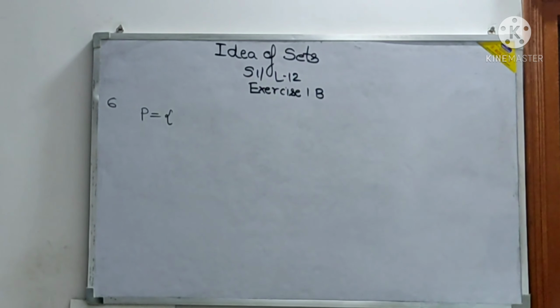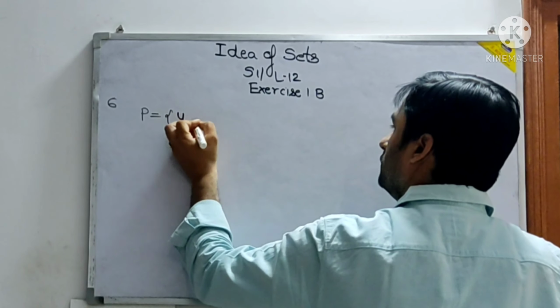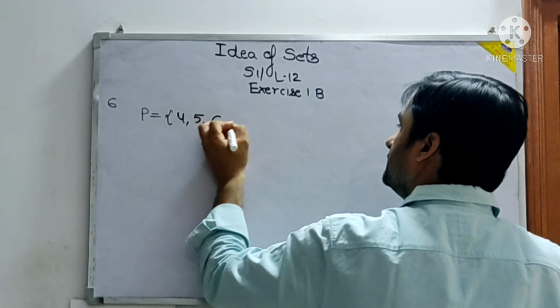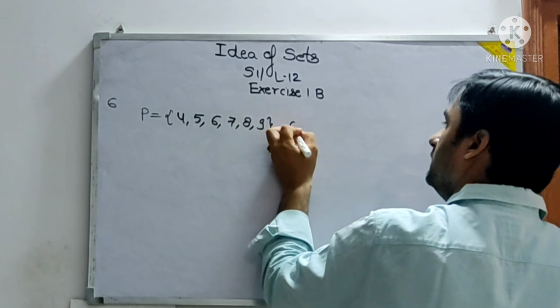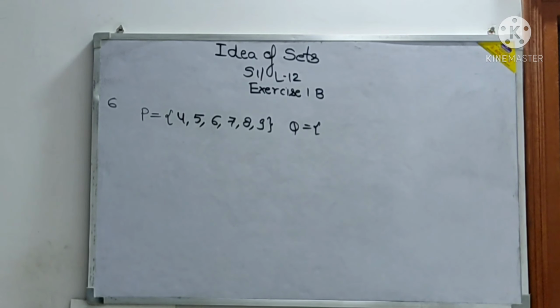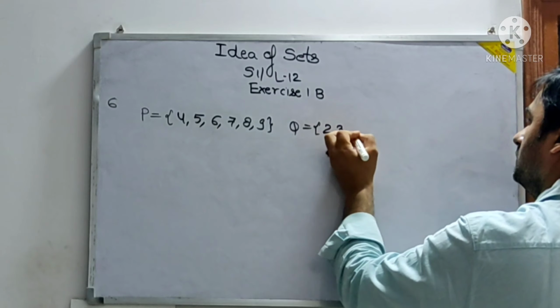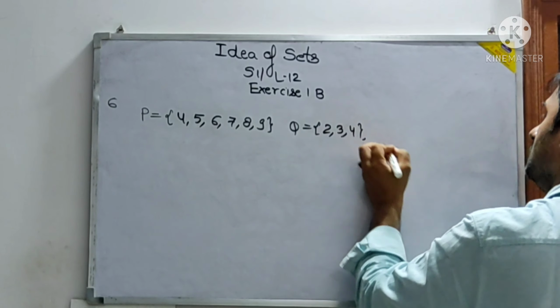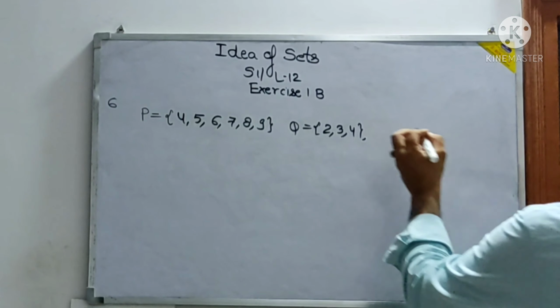P is 4, 5, 6, 7, 8 and 9. Now what is Q? Q is 2, 3, 4. What is R? 4, 5, 8.